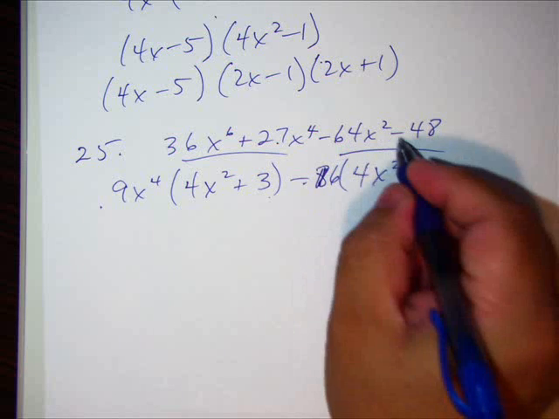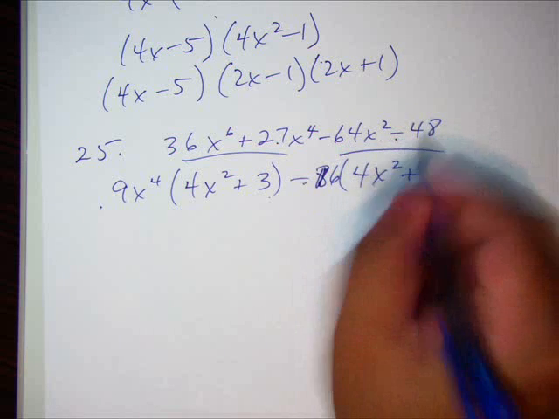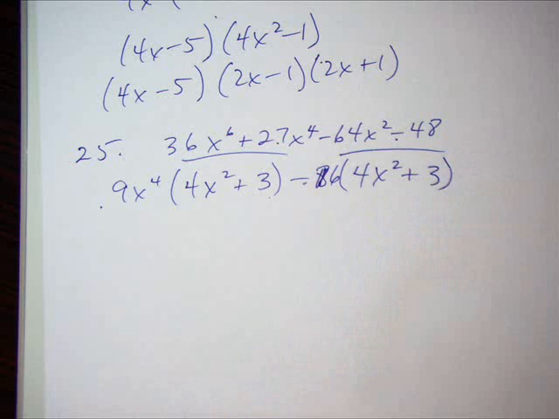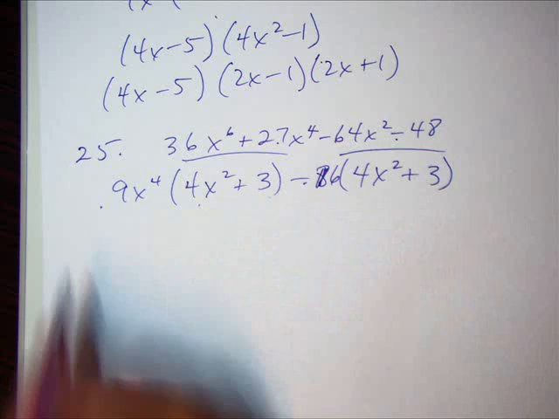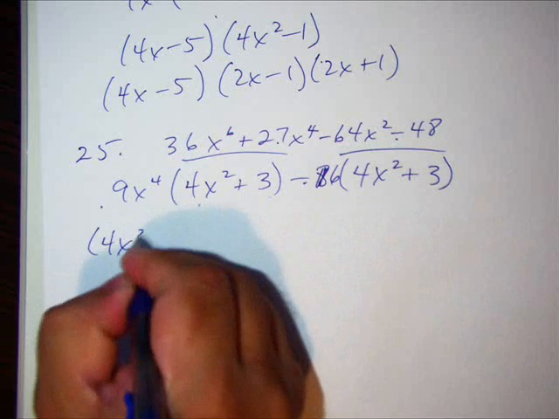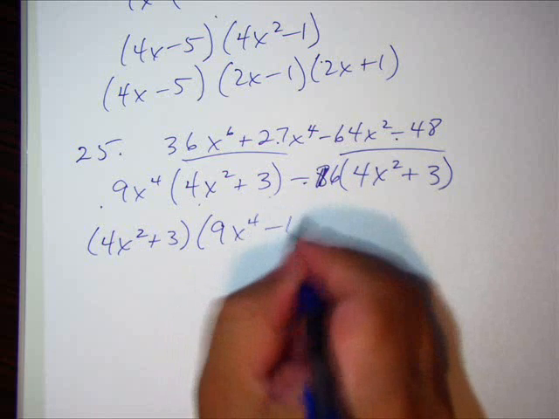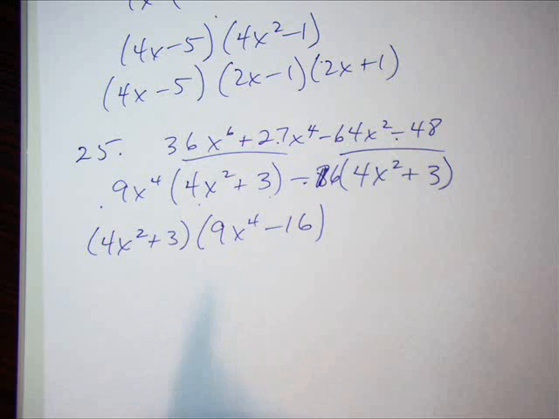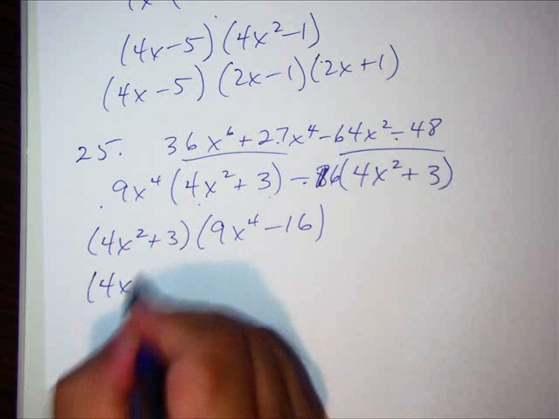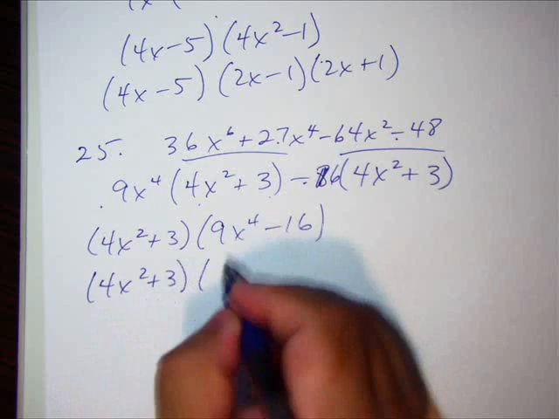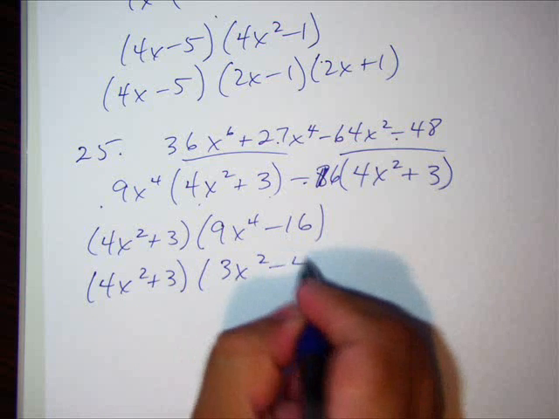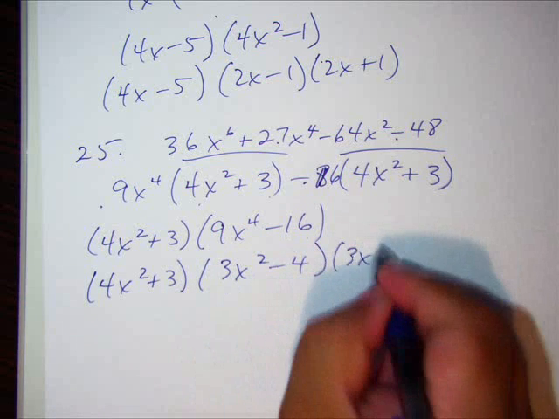Since I took out a minus, that minus turns into a plus. 48 divided by 16 is 3. Okay. I'm going to take out a 4x squared plus 3, leaving me 9x to the fourth minus 16. That's a difference of two squares. So it's 3x squared minus 4, 3x squared plus 4.